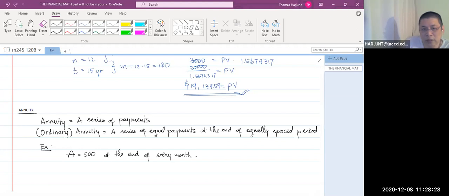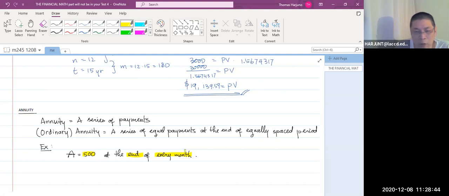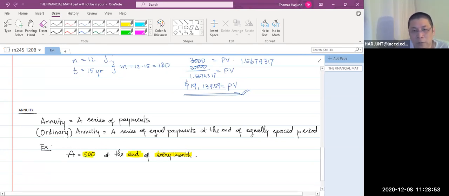Now, what makes it ordinary is, first, the amount being put into the account is equal, and it is always at the end of equally spaced periods. So at the end of every month, at the end of every quarter, every semester, every year. Equal amount at the end of equal spaced periods.